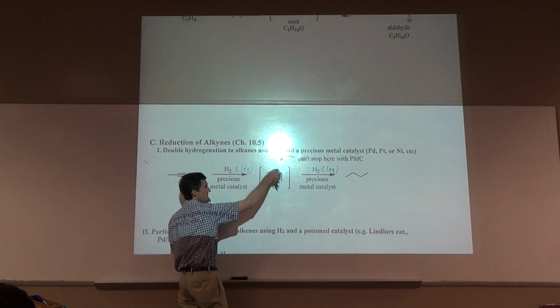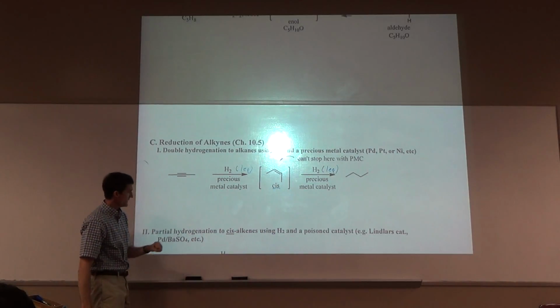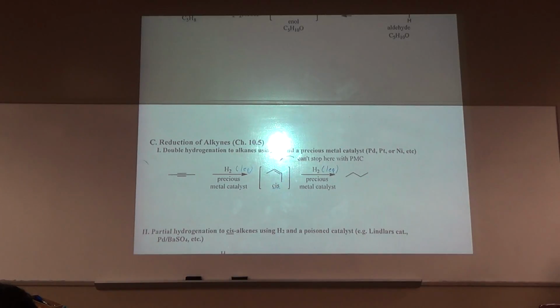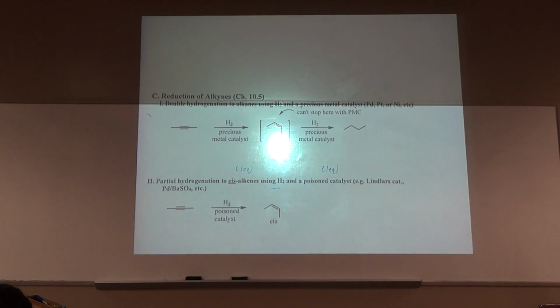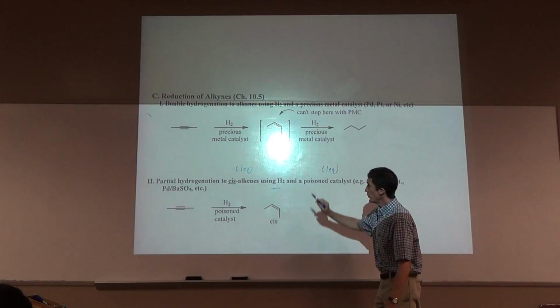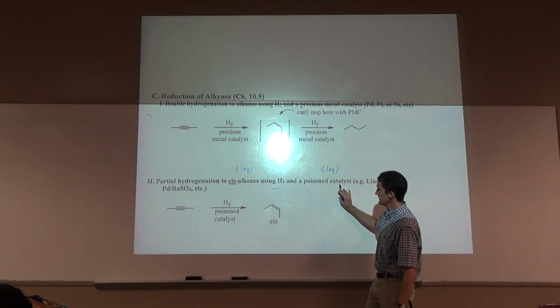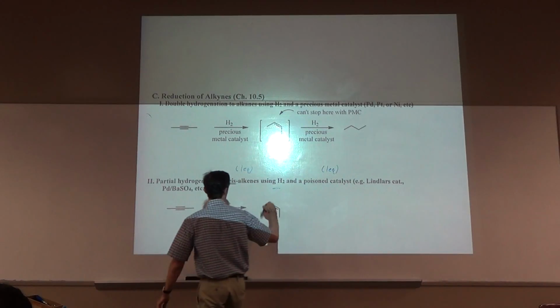If you want to get a good yield here, can you do it? Yes. You do it down below. Use a poison catalyst. Hydrogen and poison catalyst, you can stop at the alkene.